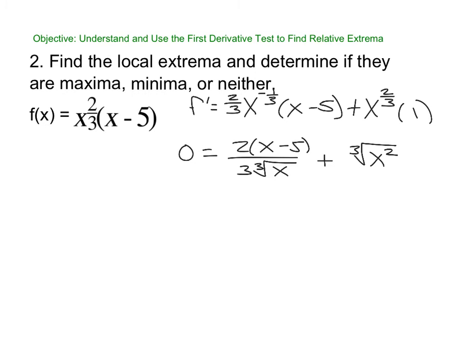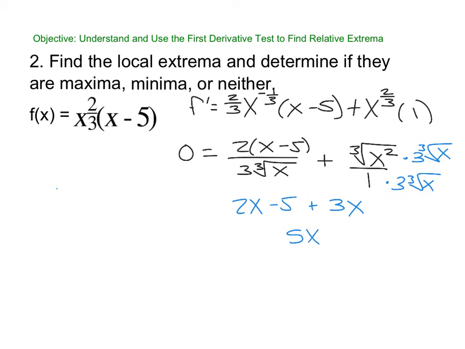So I need a common denominator. So I'm going to multiply. I need a 3 cubed root of x on the bottom. So I end up with 2x minus 5 on top, and then this gives us 3x. Right, because the cubed root of x squared and the cubed root of x turns into just an x, and then there's the 3.